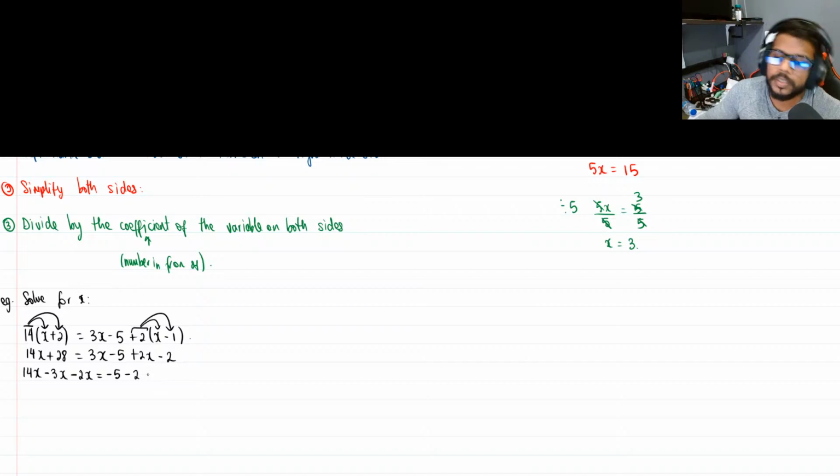So from plus 28, it goes to minus 28. Well, 14 minus 3 is 11. 11 minus 2 is 9. So I get 9x on this side. Minus 5 minus 2 is minus 7. Minus 7 minus 28 is minus 35.